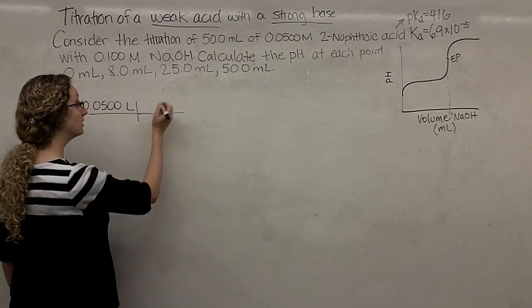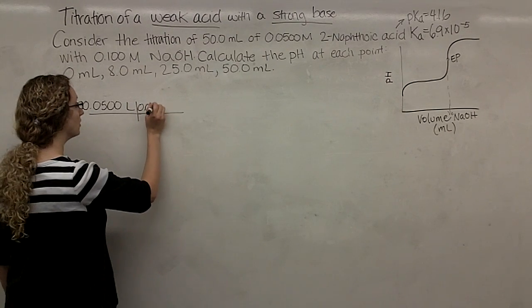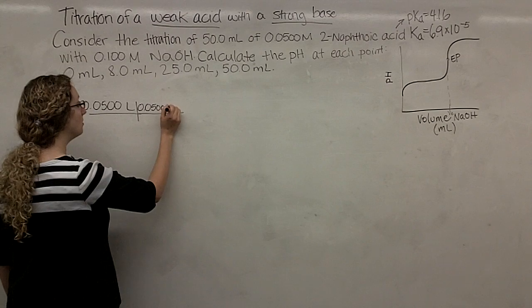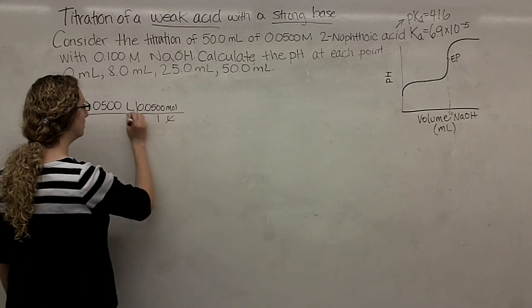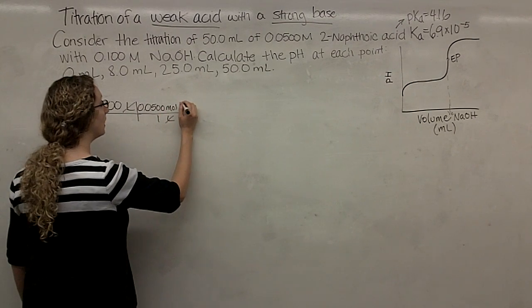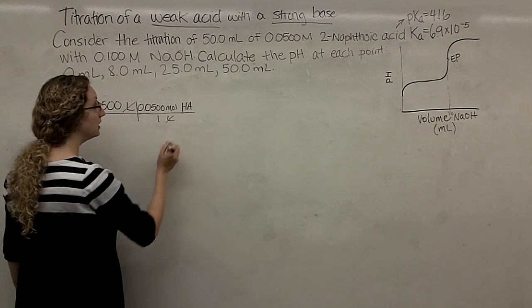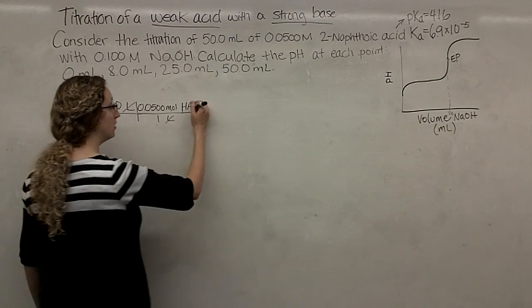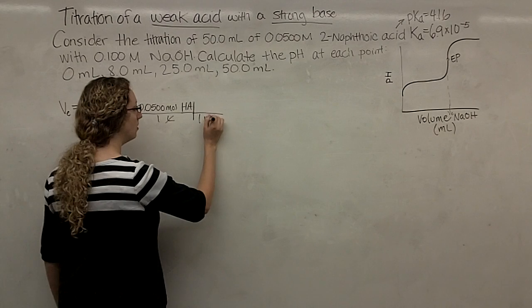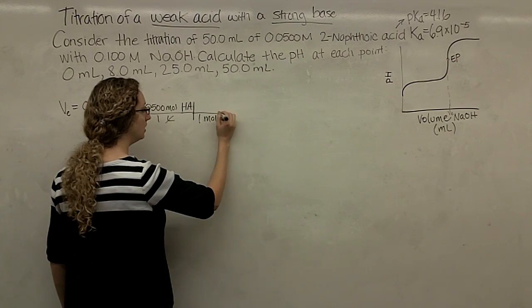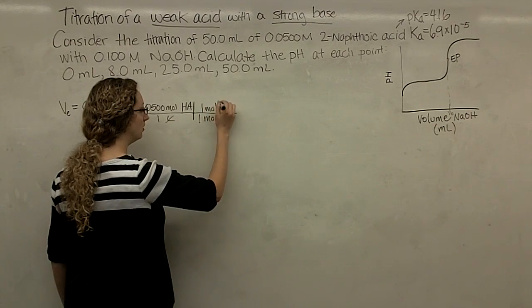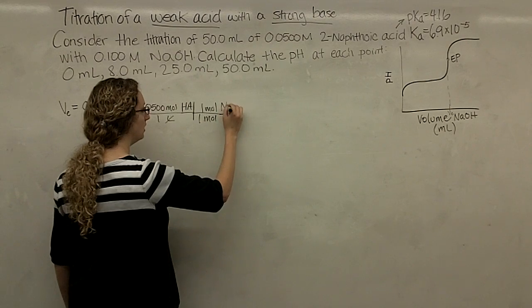Then we use its concentration, 0.0500 moles per 1 liter, for my HA, my naphthoic acid. Then we know there's 1 mole HA to 1 mole of NaOH.